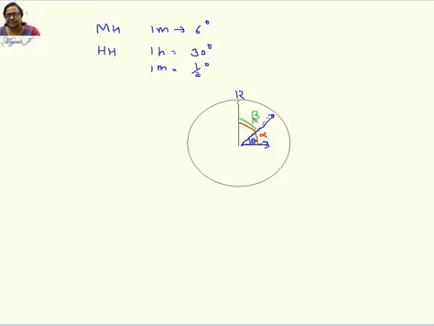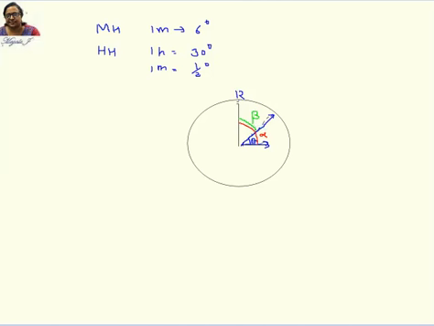Is it clear now? I'm considering this as a reference line. With respect to this reference, the angle formed by the hour hand I consider as alpha, and with respect to the same reference line, the angle formed by the minute hand I consider as beta.